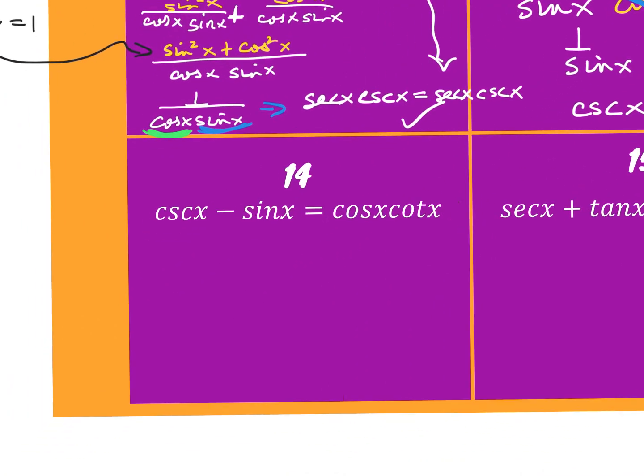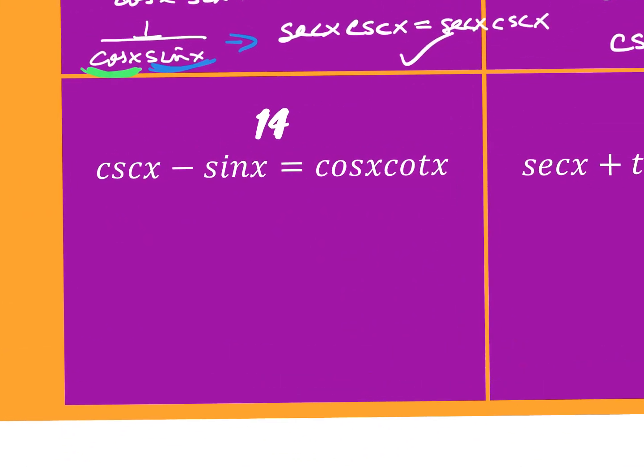So for 14, again, I'm going to do the same thing. I'm going to try to make it all into sines and cosines. So I'm going to change cosecant into its reciprocal, 1 over sine x. Now what I'm going to do is subtract these.